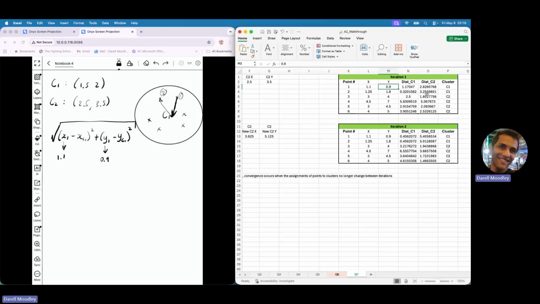Now xc1 is the x coordinate for centroid 1, and that's 1.5, right? And what is the y coordinate for centroid 1? That is 2. So I would substitute these values into this equation, work it out, and that's my column n. You need to write this equation in Excel, but essentially this is the equation.